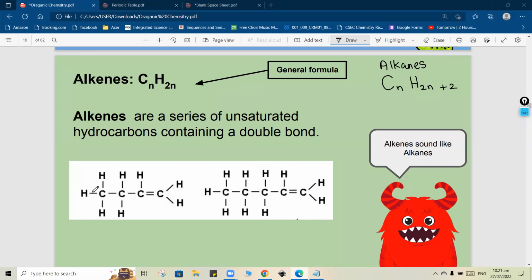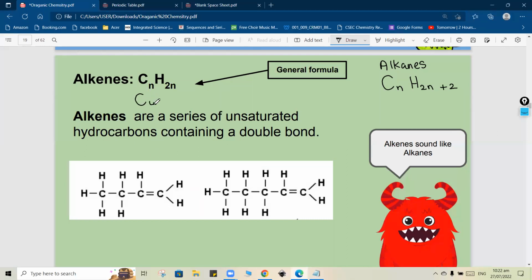Look at this carbon here. It has 1, 2, 3, 4. Even this carbon here, it has 4. Even this one, 1, 2, 3, and 4. So the rules still stay the same. Let's see if the formula actually works. For this alkene, it has how many carbons? 1, 2, 3, and 4.